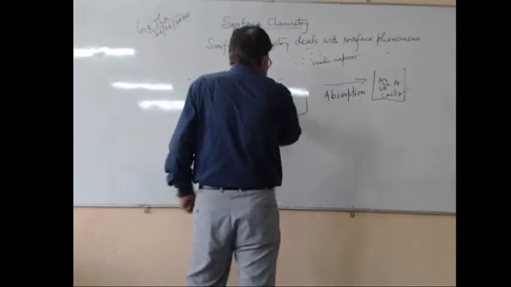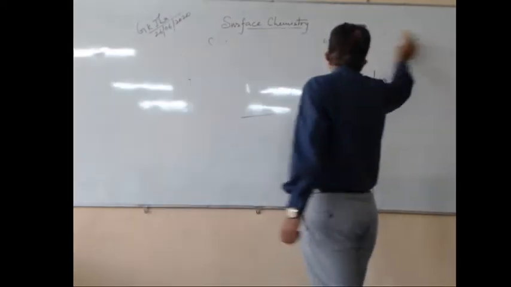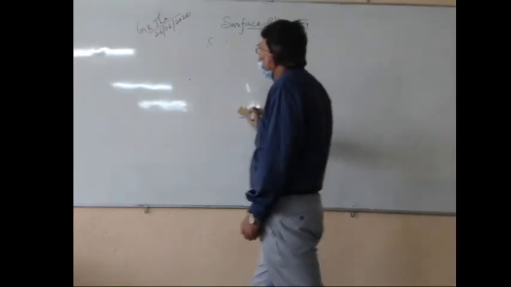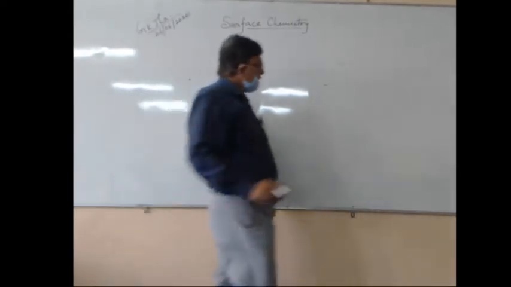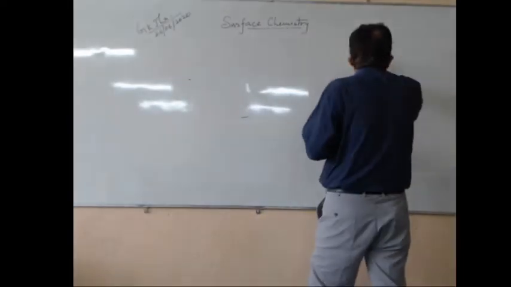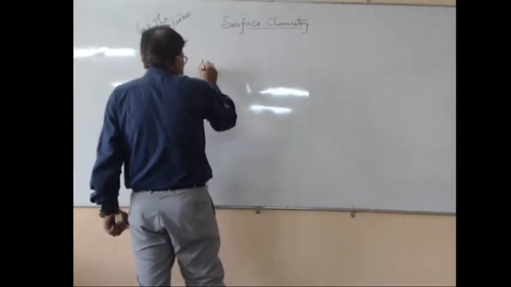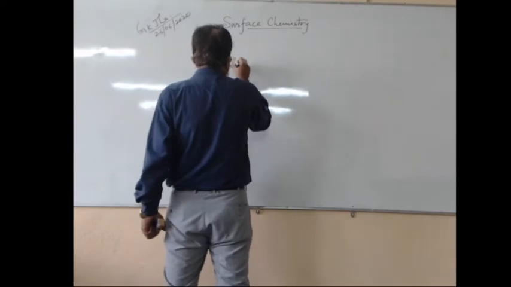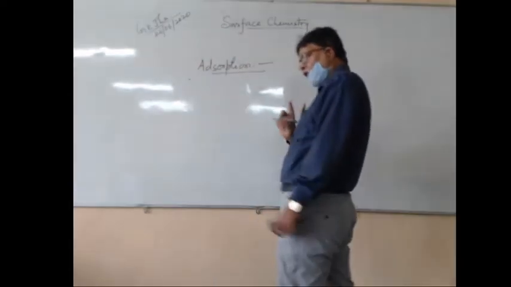Now that we have understood something about absorption and adsorption, the main issue in this chapter is adsorption, because this is a surface phenomenon, and the subject matter of surface chemistry is adsorption.